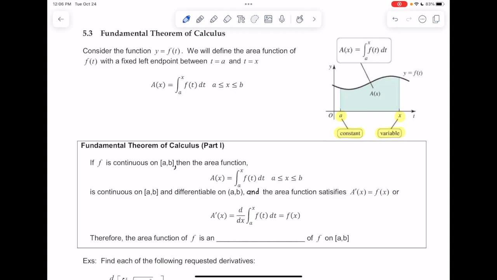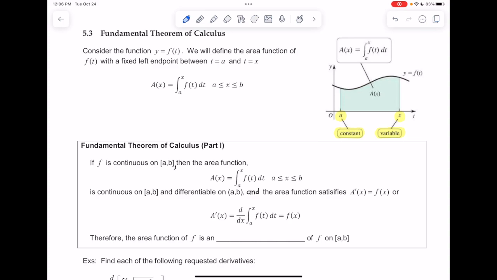It says if f is a continuous function on the closed interval from a to b, then the area function, defined as A of x equals the integral from a constant a to a variable x of f of t dt, will be continuous on the closed interval from a to b and differentiable on the open interval from a to b, and the area function will satisfy the relationship that A prime of x is equal to f of x.